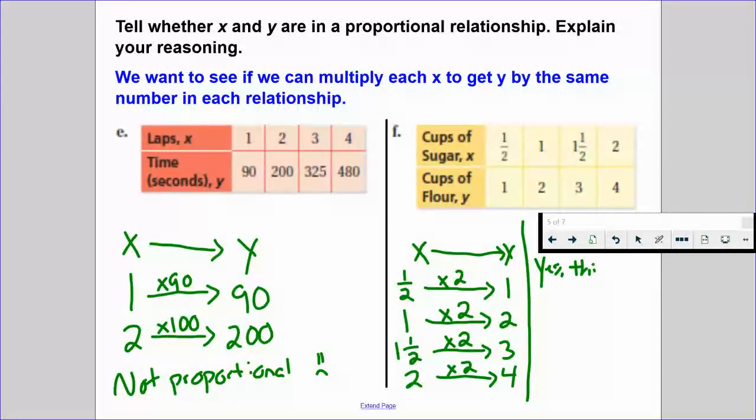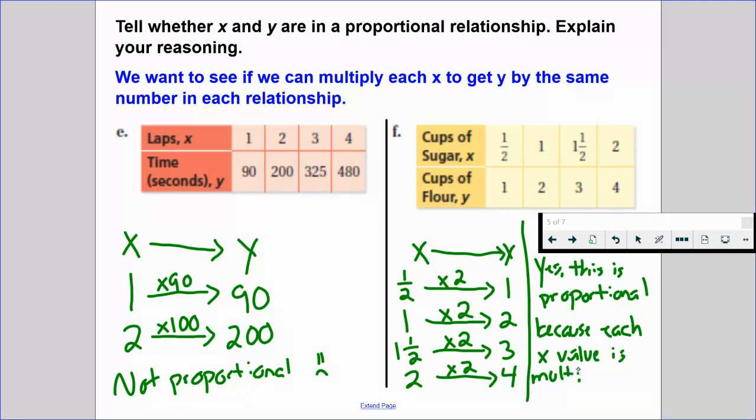Yes, this is proportional because each x value is multiplied by a factor of 2.